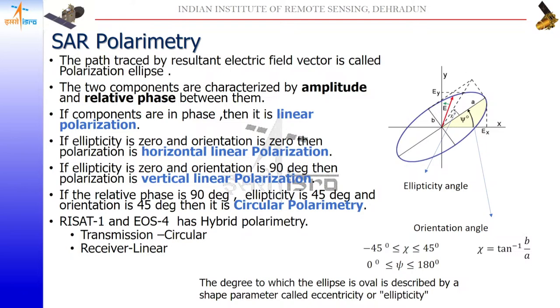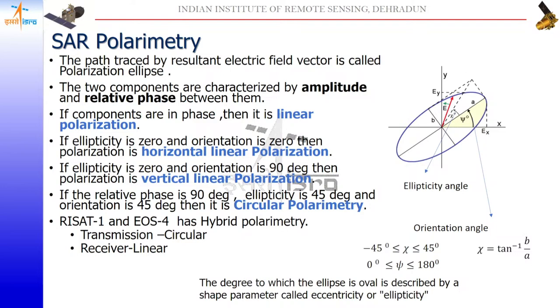So we can design our SAR system in such a way that we can have two polarizations, horizontal and vertical polarization, and we can keep some phase in between them. Okay, so if there is a 0 phase, then there is a linear polarization, but if we are maintaining some phase like 90 degree, then we can have a circular polarization.